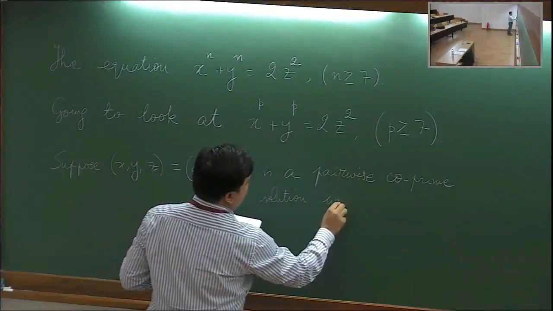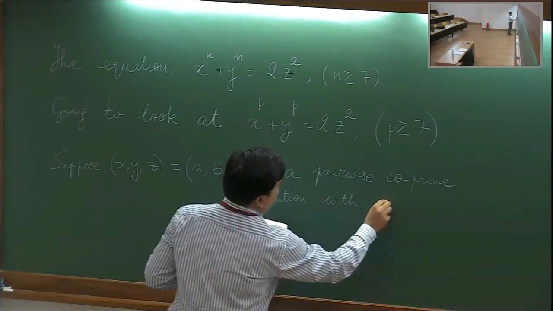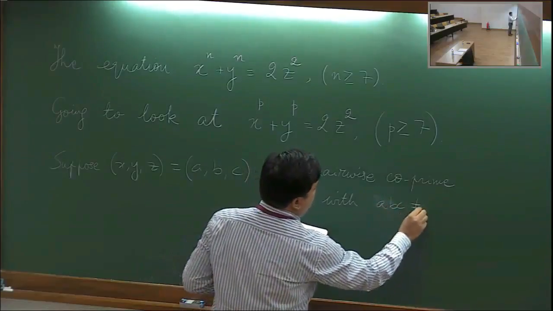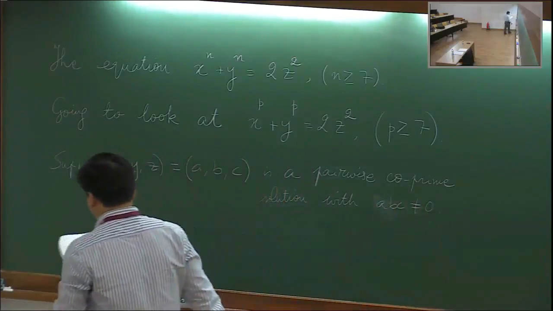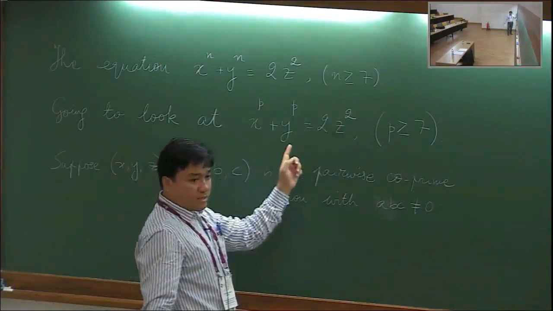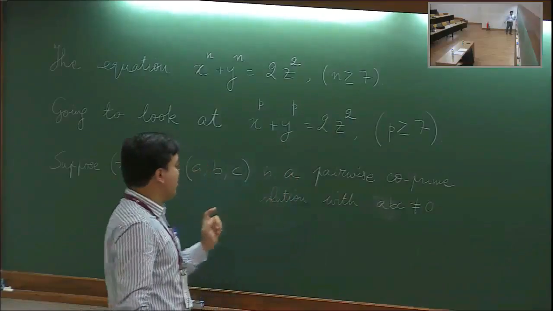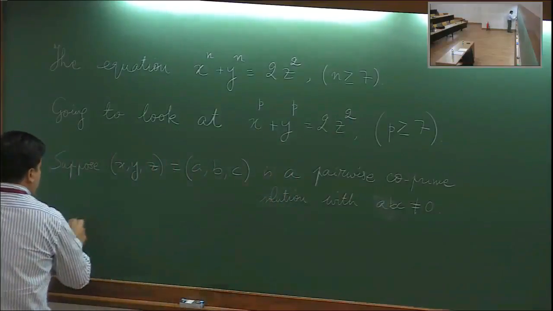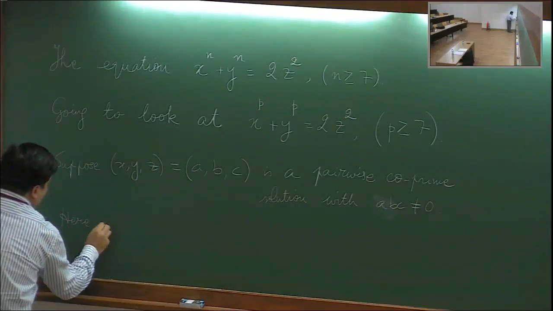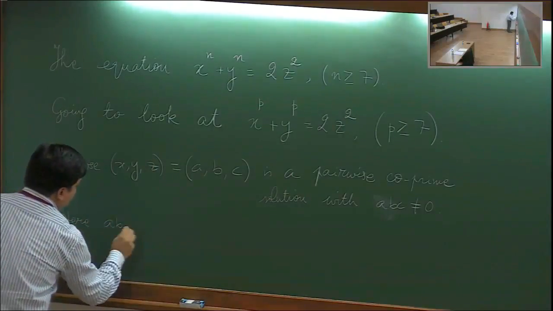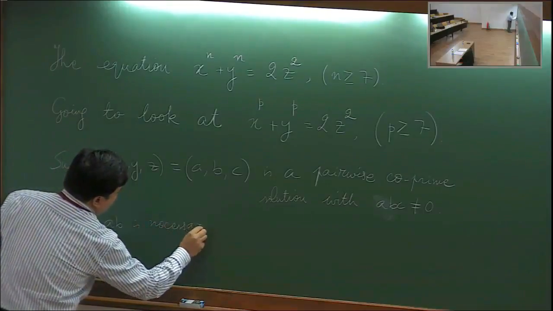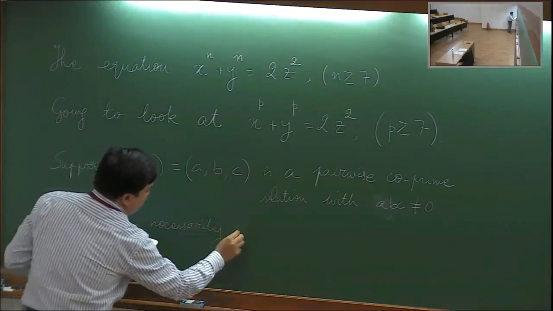As this side is even, they necessarily have to be odd. So a and b individually are odd, and ab is necessarily odd.